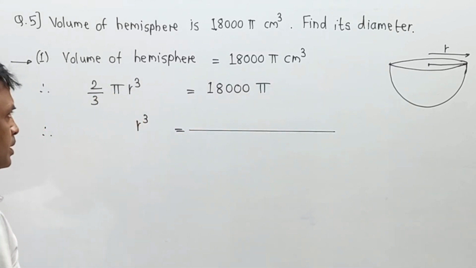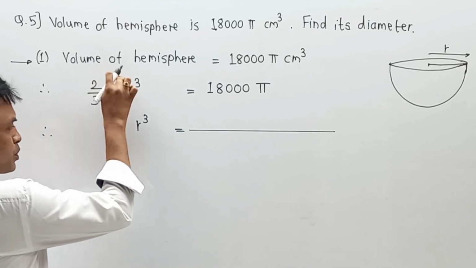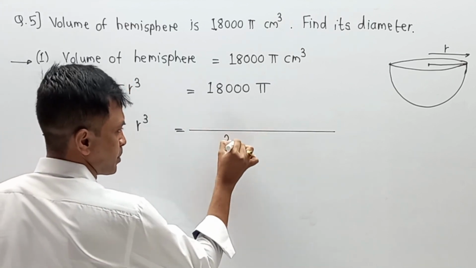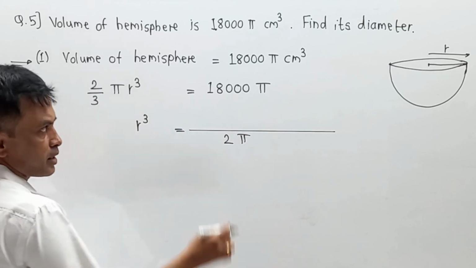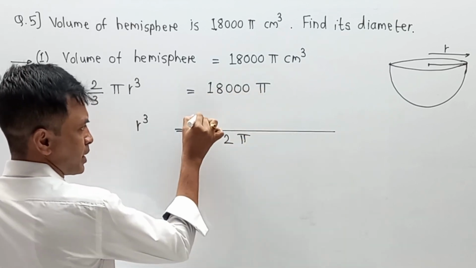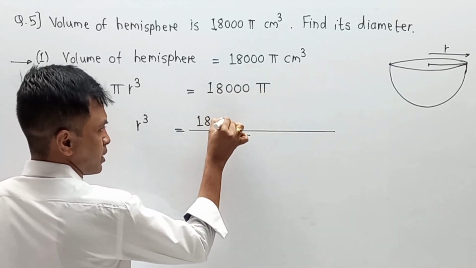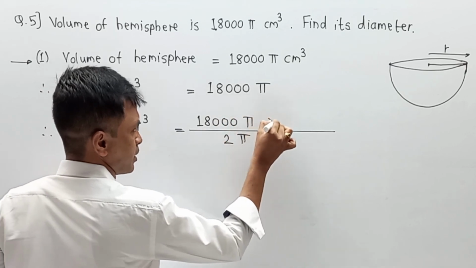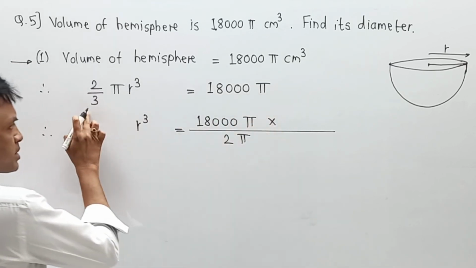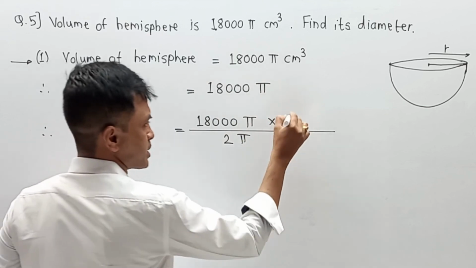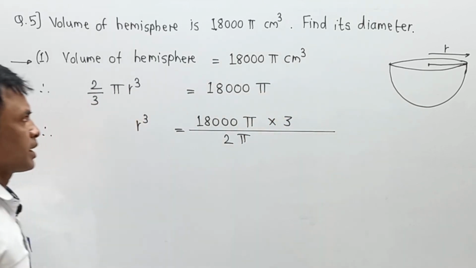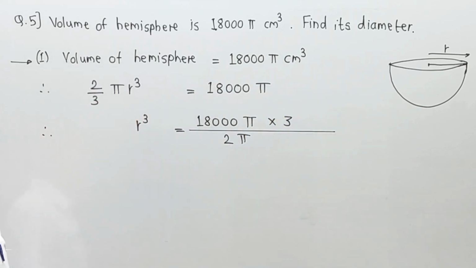now one by one, this is 2 into pi, goes to that side as divided by. This 18,000 pi I am writing as usual, into, this 3 is divided by over here, goes to that side as multiply by. And this is nothing but a simplified step.